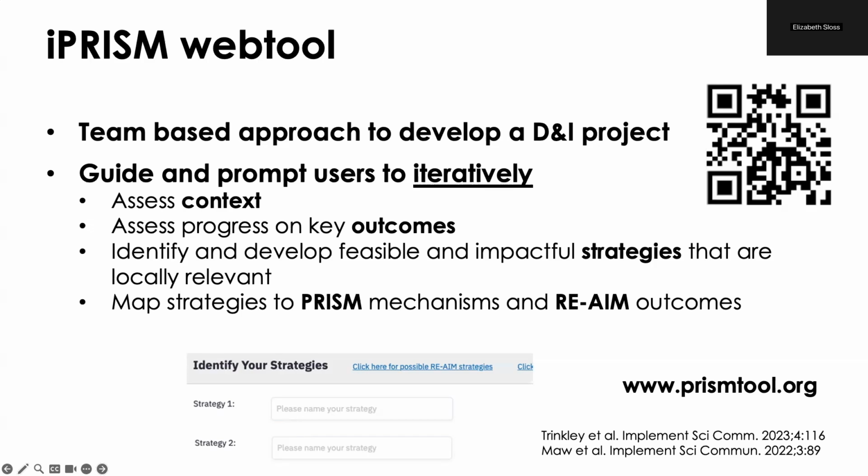It's a really nice way to map out a full project. And part of the process is it will help you to identify strategies. And then when you click on it, it has strategies mapped to PRISM mechanisms, and then strategies mapped to RE-AIM outcomes. So it's kind of nice, because it comes with some of that mapping already embedded in it.